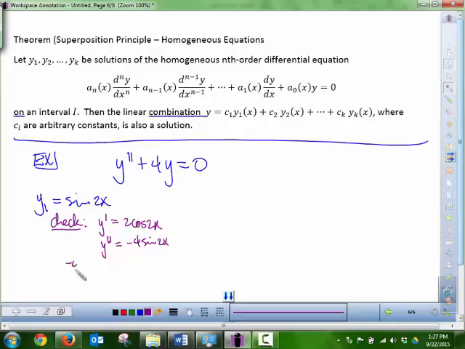We have minus 4 sine 2x, this is y double prime, plus 4 times y, which is sine 2x. And that is, in fact, equal to 0.